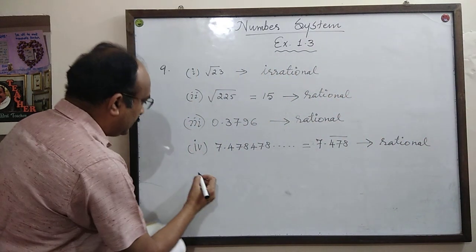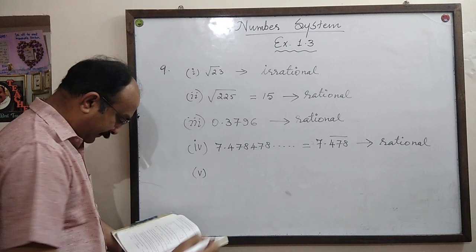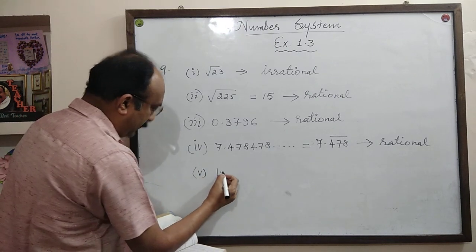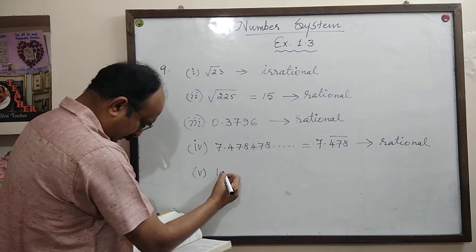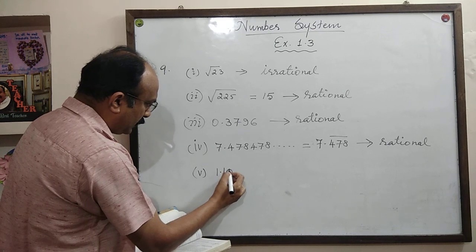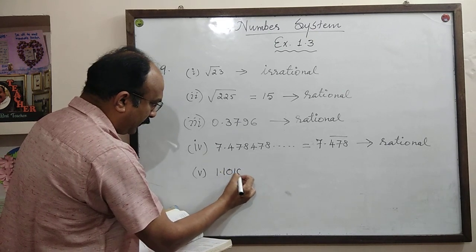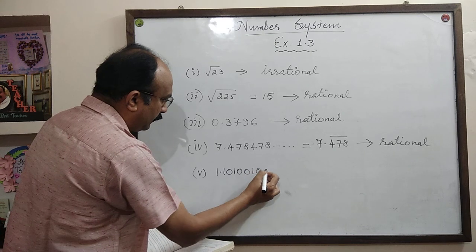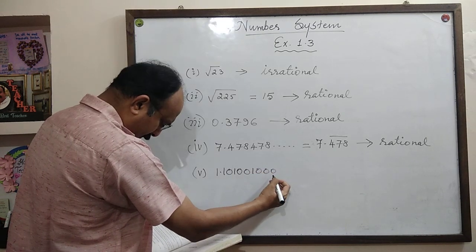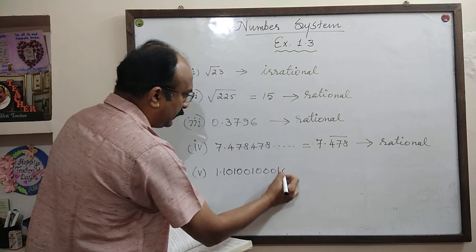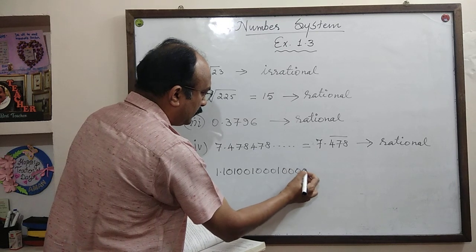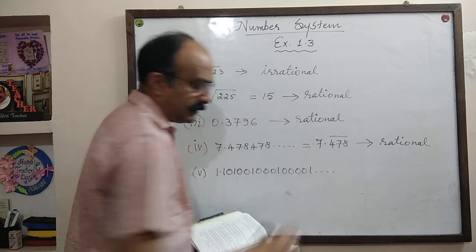Now the last question, 1.10 100 1000 1 4 times 0 1 dash dash.